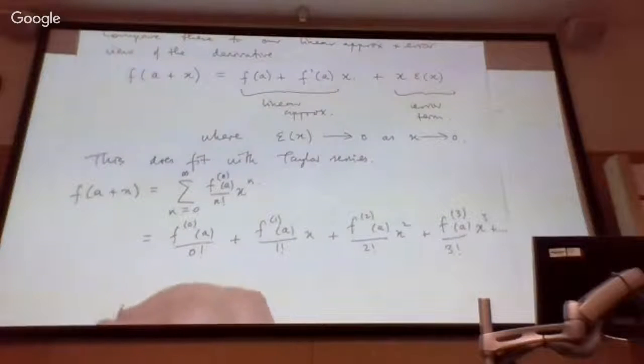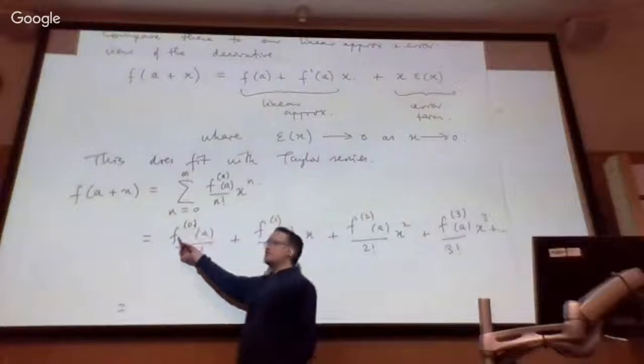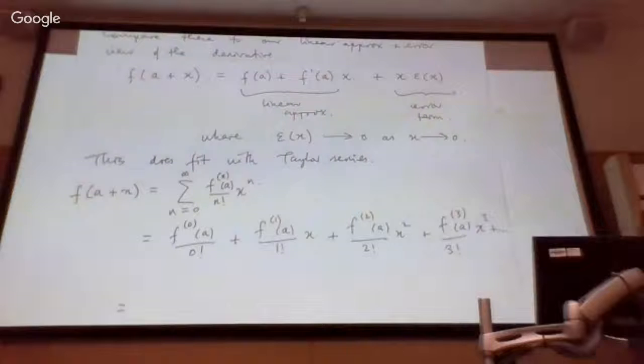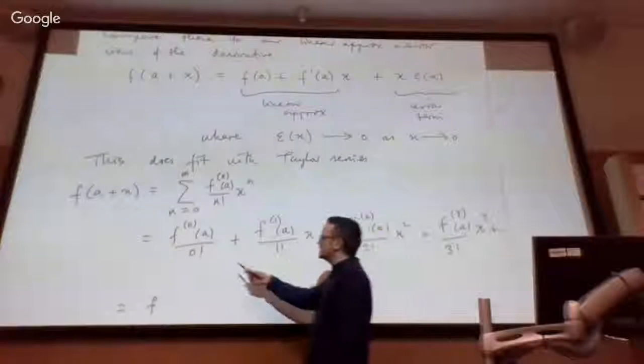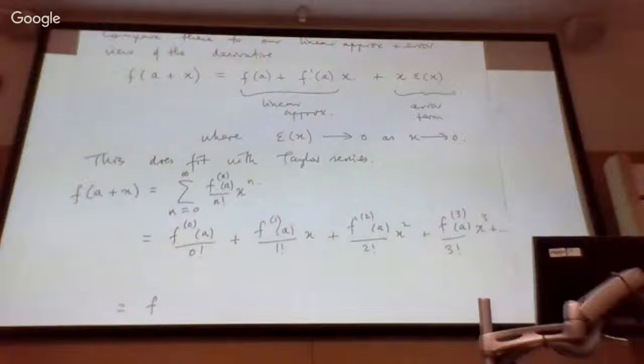Now, what are we seeing here? Well, what is the 0th derivative of f? f differentiated 0 times is just f itself. 0 factorial is defined to be 1. It's an empty product, so it should take the value 1, just as empty sums take the value 0, empty products should take the value 1.